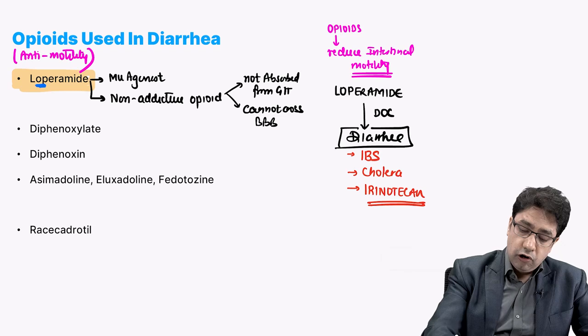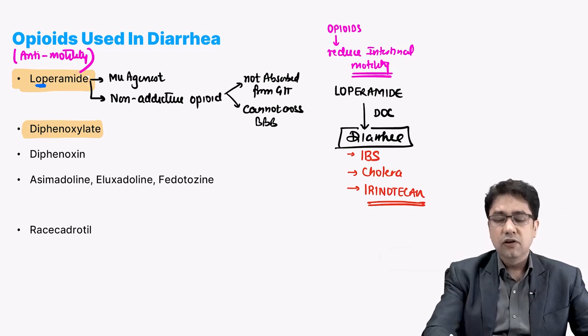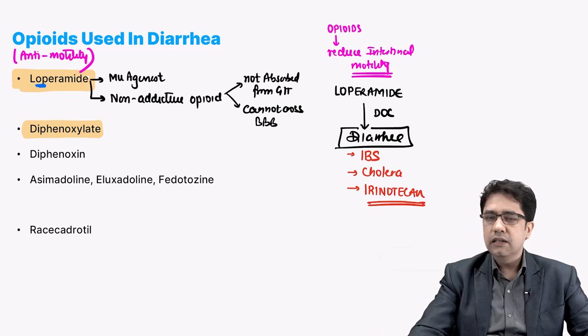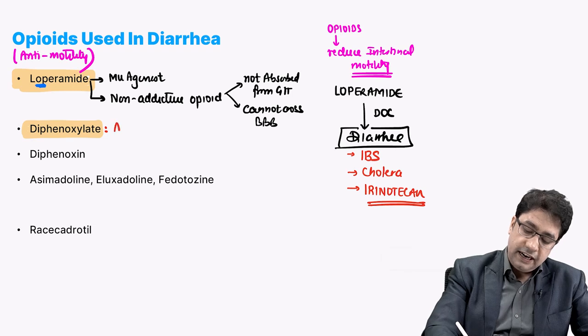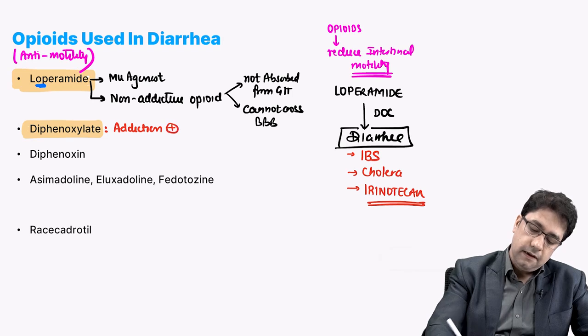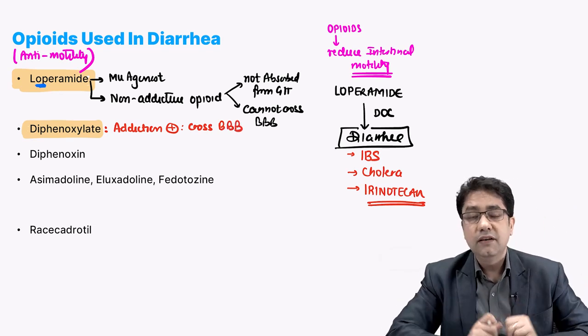Now, before loperamide, we had a drug, diphenoxylate. The problem with diphenoxylate is that it is also a mu receptor agonist just like loperamide, but diphenoxylate is an addictive drug. Addiction was there. Why? Because it can cross the blood-brain barrier. So the question came, a recent question.